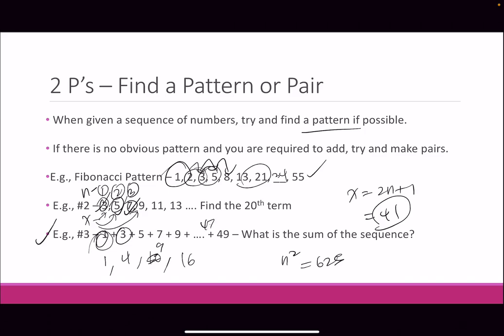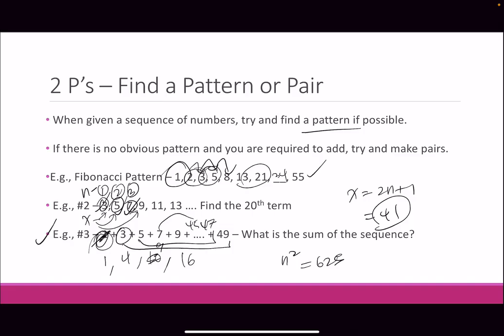Before 49, you would have 47, 45. So what we want to do is, we have 25 terms here. We can only make pairs with an even number of terms. So we're going to forget about this 1 for now. So now we have 24 terms. We're going to add the 1 later on. So we can do 3 and 49, 5 and 47, 7 and 45. What making pairs does is that you add the biggest and smallest number, then the second biggest and second smallest number, and it gives you the same number over and over again.